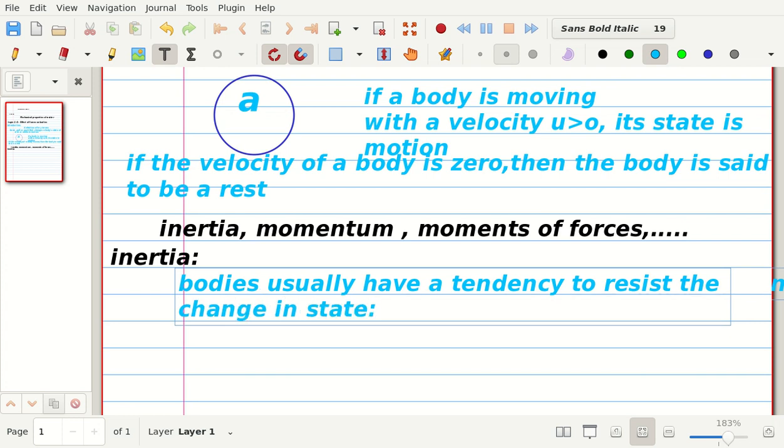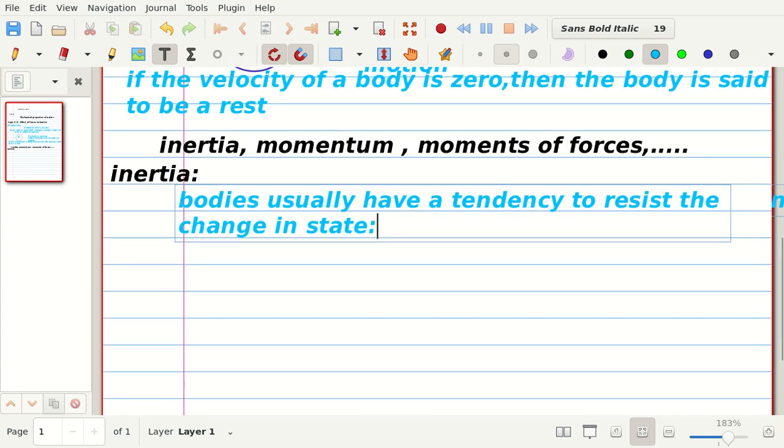Assume a bicycle is parked. To push it you have to put a force, and to pull it you have to put a force. If your bicycle is moving and you want to stop it, you have to put a force. So that is the change in state. State can be motion or rest.